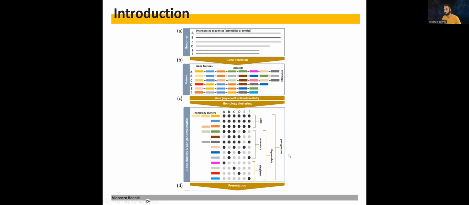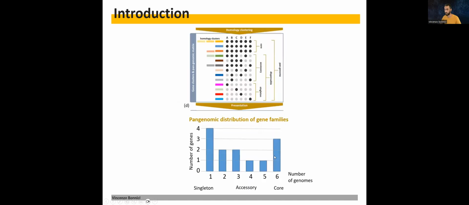Starting from this information, we can run downstream analysis, or we can study biological functions. We can extract biological meaning from this information. For example, what we can analyze is the pangenomic distribution of the gene families. On the x-axis, we put the number of genomes, and we count how many genes, namely gene families, we have found to be present in that specific number of genomes.